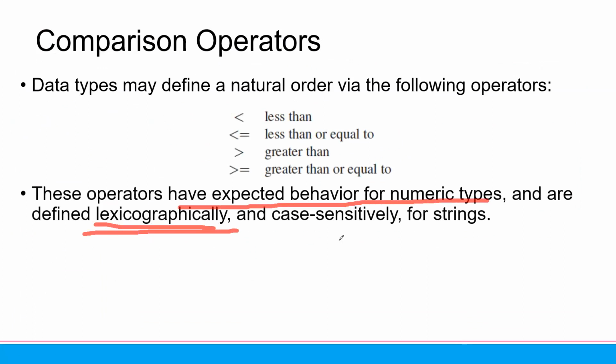So this is the same when I mentioned it's is greater than big H. Okay. Lexicographic, it is based on the character. And it is case sensitive. It is for the string.